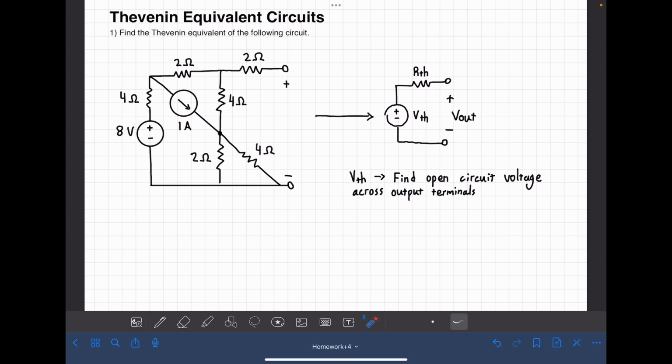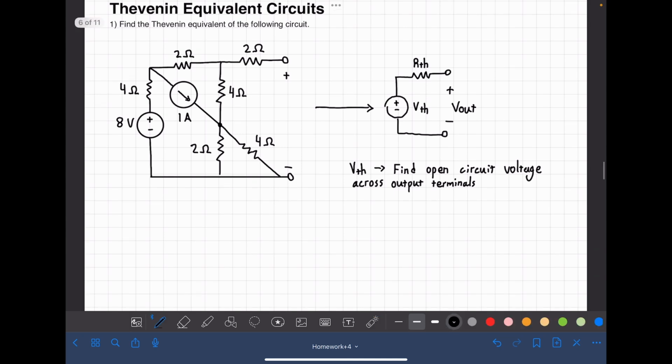Open circuit means that you're just looking at the voltage difference between these two points with no components in between. It's open here, so there's no current flowing. You're just looking at the voltage here minus the voltage at the bottom. And that is your V Thevenin, which will then go here.